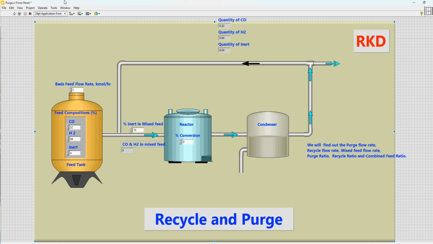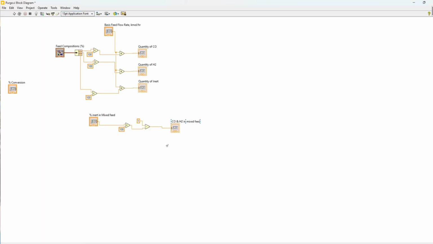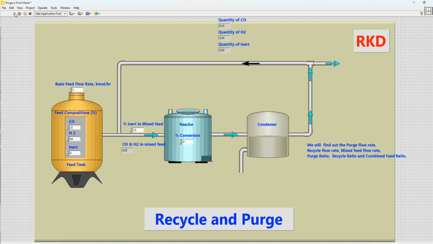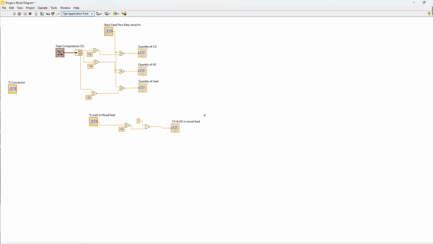If we talk in terms of percentage, as this is 85, then it would be the percent CO and H2 in the mixed feed.